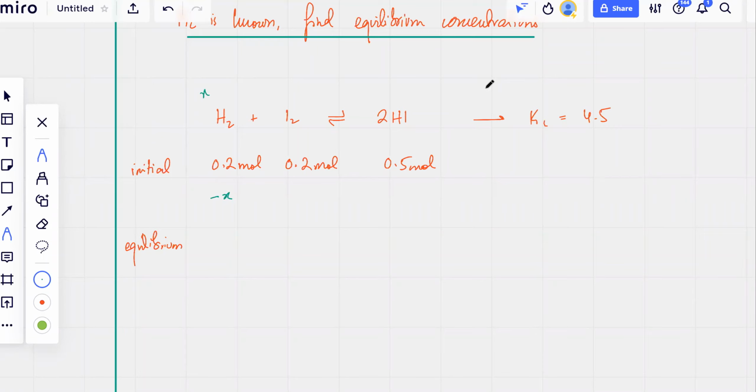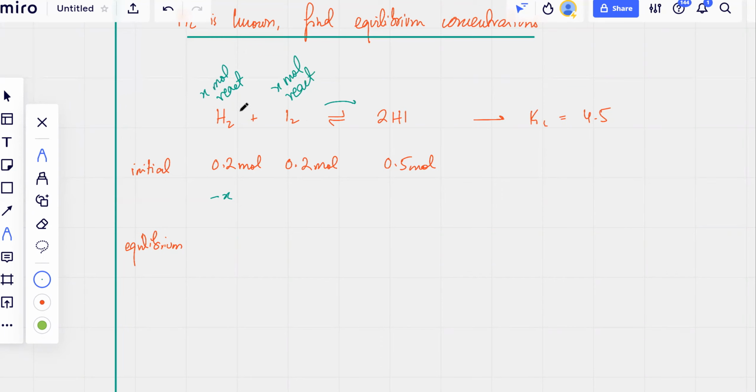So X moles react. It's just an assumption that X moles are reacting and producing HI. There's some forward reaction happening. Now X moles are going to react with X moles. It's 1:1, so X moles would react with X moles.